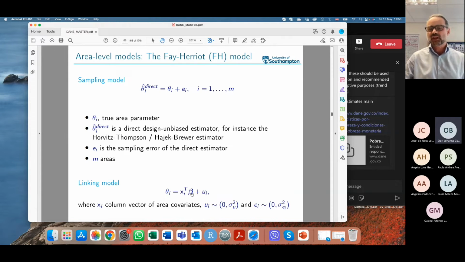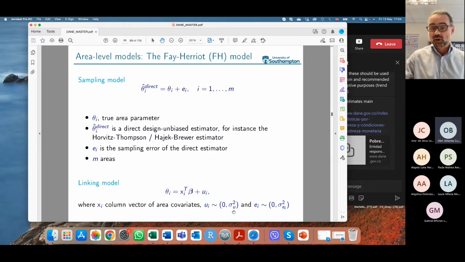Beta is a set of regression coefficients like in any simple linear regression model, and u i is effectively the random effect. Right, so the x i here is a vector of area covariates, and the u i is assumed to be distributed according to some distribution that has not been specified here.